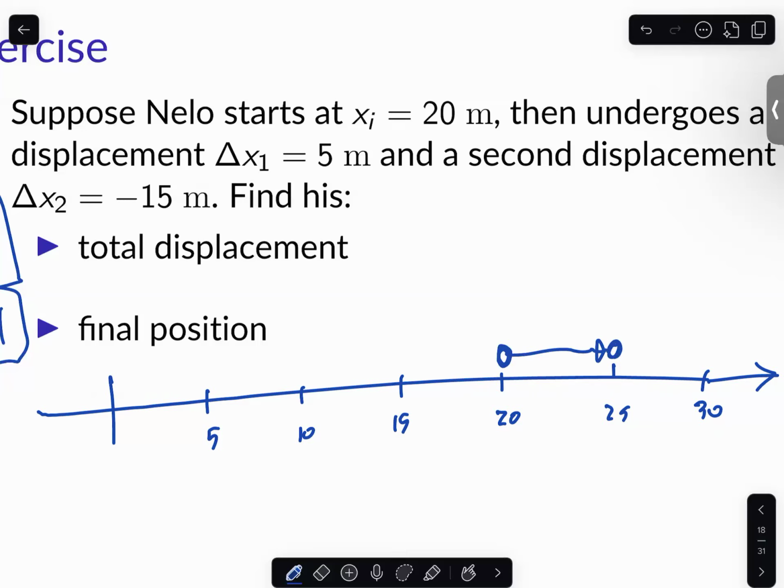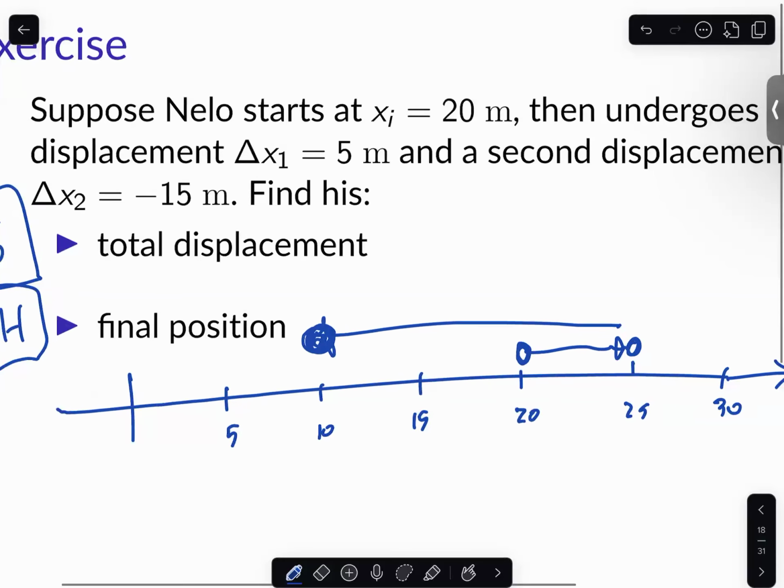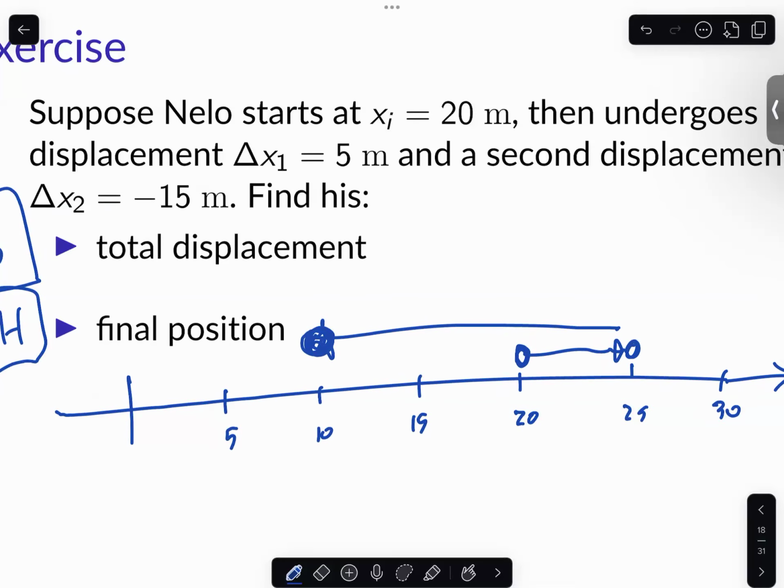So I walk which direction? How far? 15 meters. Where am I ending? What is my final position for the second part? 10 meters. Answer for H was 10 meters. Total displacement.